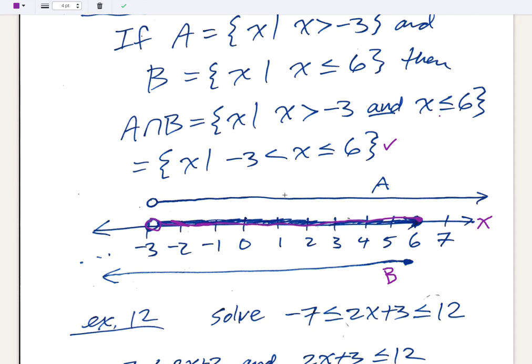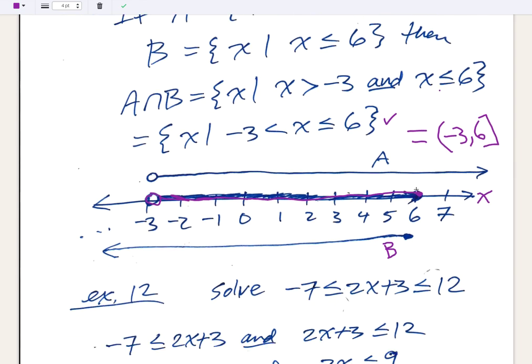Another way to describe that would be the set of all x such that -3 is less than x is less than or equal to 6. And I guess I should throw in the interval notation. This would be open at -3, comma, 6, and then a closed or square bracket. So that corresponds to this set right there. That's our interval notation.